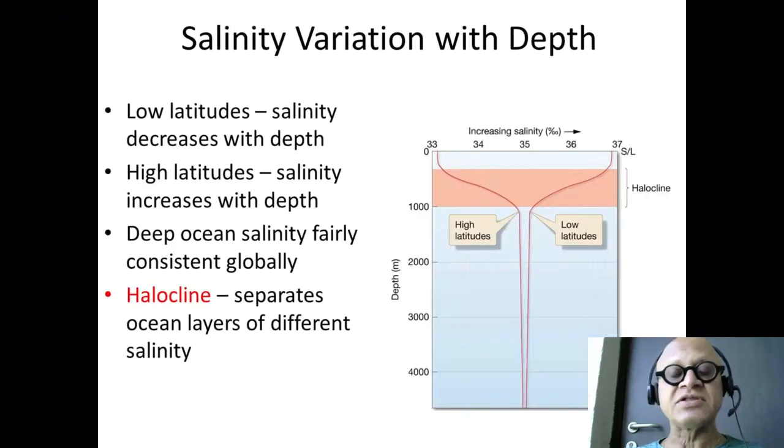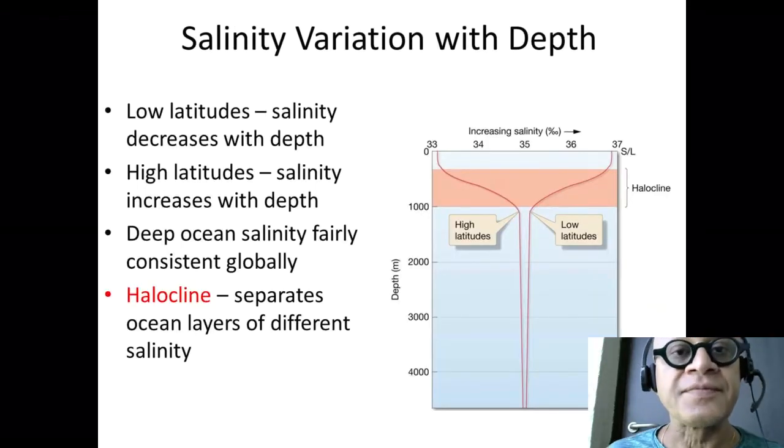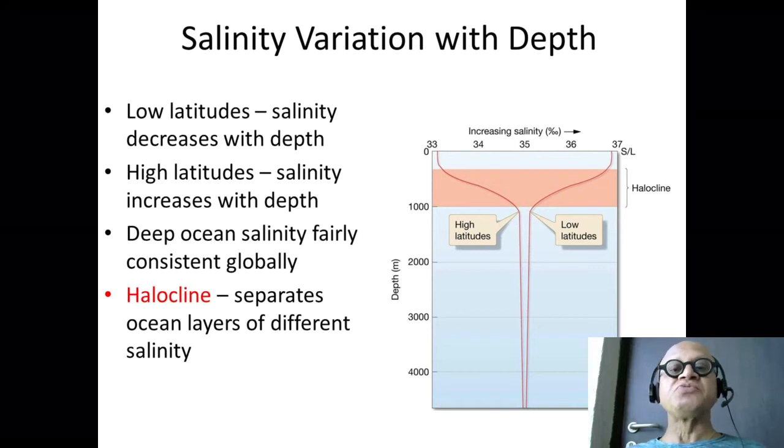As we said, this also matters for ocean circulation, which we will see later on. How does salinity vary with depth? You can see here we are showing a high latitude profile on the left and a low latitude profile on the right.